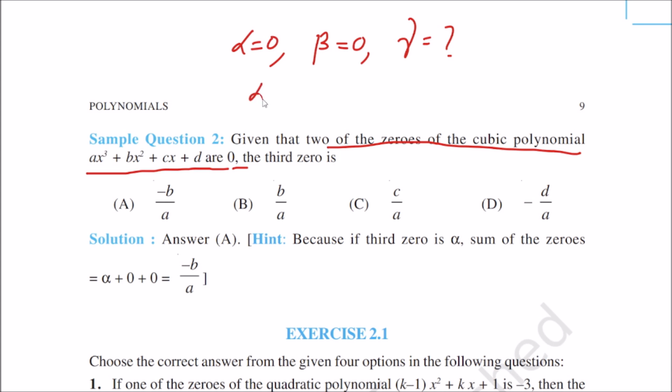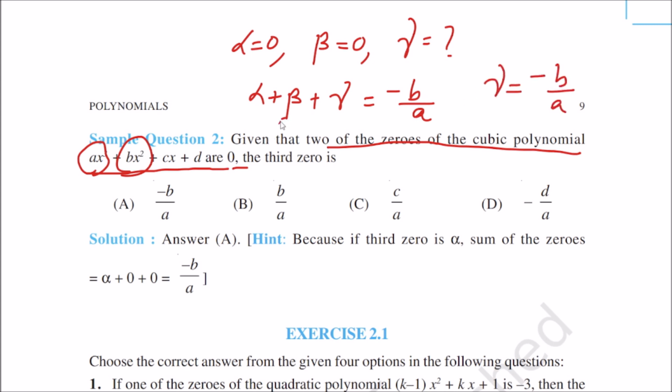You know the sum of the zeros alpha plus beta plus gamma is equal to negative b upon a, coefficient of x square by coefficient of x cube. So 0 plus 0 plus gamma is equal to minus b by a. So gamma is minus b by a, which means A is the answer of this question.